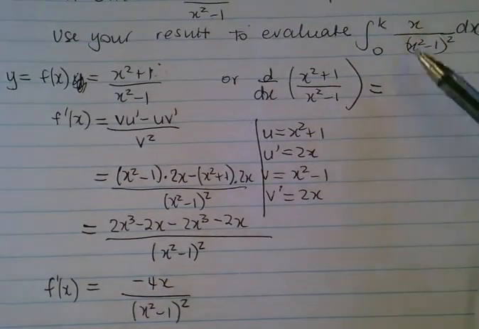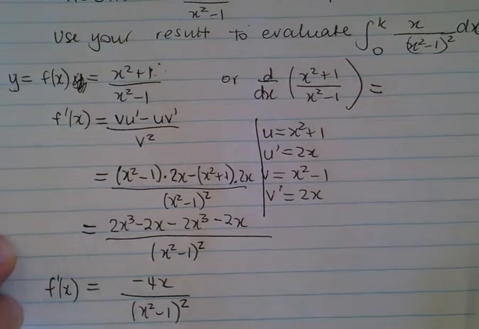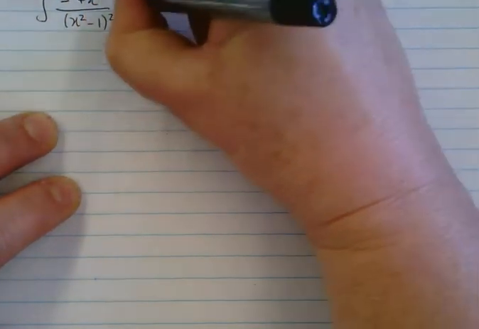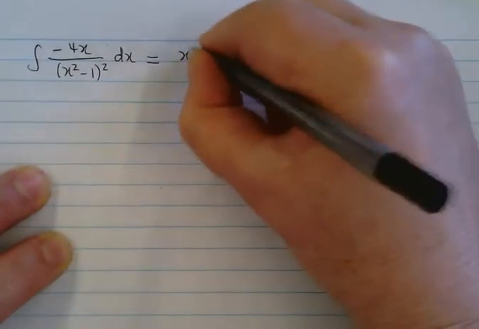I want to integrate with just an x on top. So I'm going to write down on the next page what I've got. I know that the integral of negative 4x over x squared minus 1 squared dx, integrating with respect to x, is this.